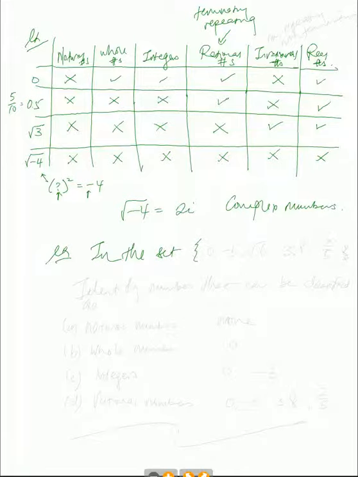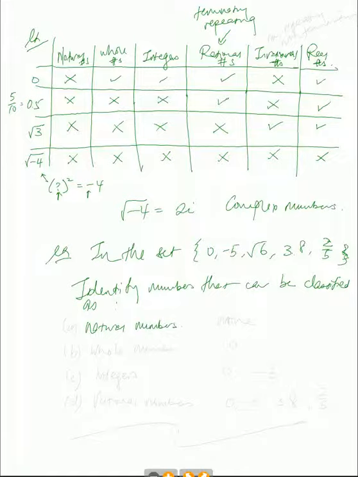In the set {0, -5, square root of 6, 3.8, 2/5}, that's my set, can you identify the numbers that can be classified as natural numbers?